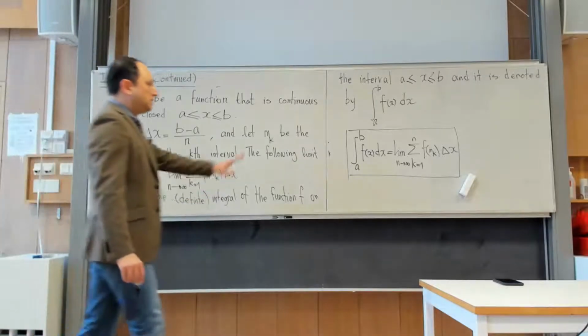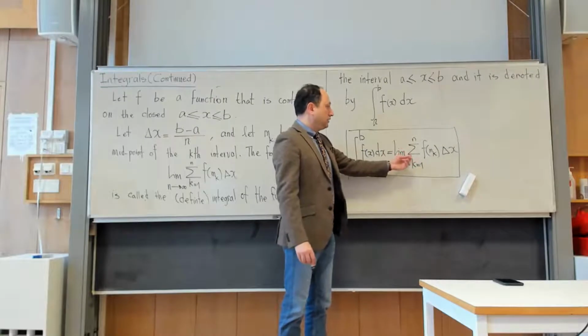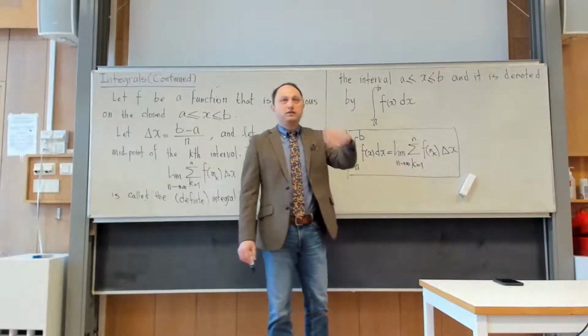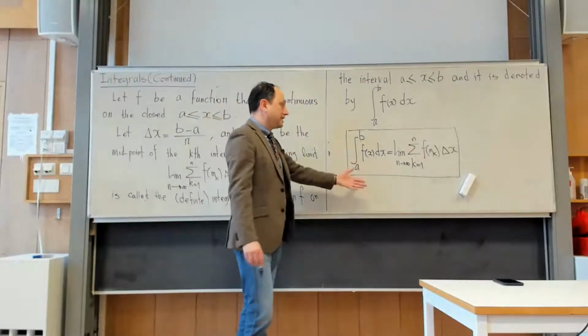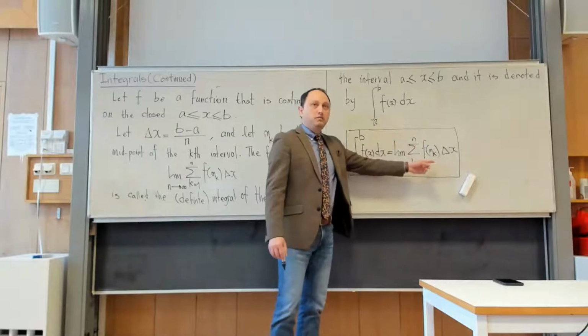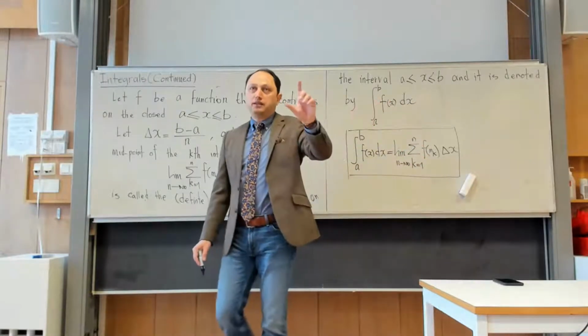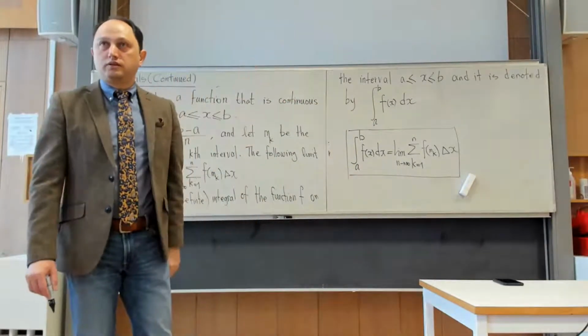So you see, I motivated you by starting with finding areas, so this limit becomes important if your goal is to calculate the area under the curve. For today, I gave you another example where this kind of limit becomes important in a completely different context, finding the displacement of a moving particle whose speed is not constant.